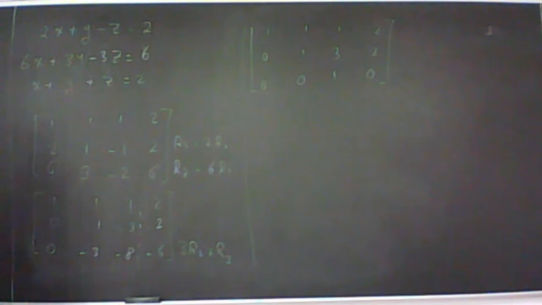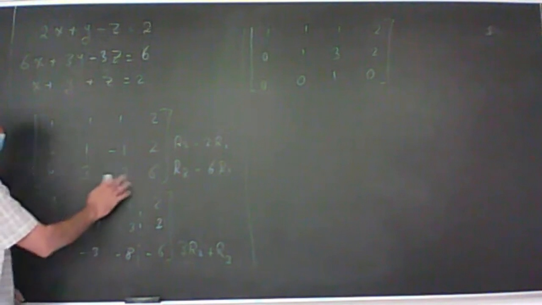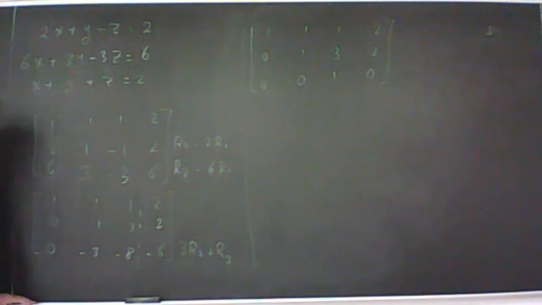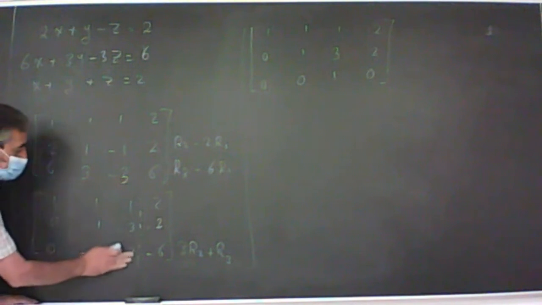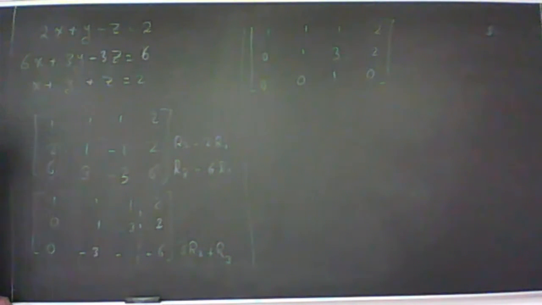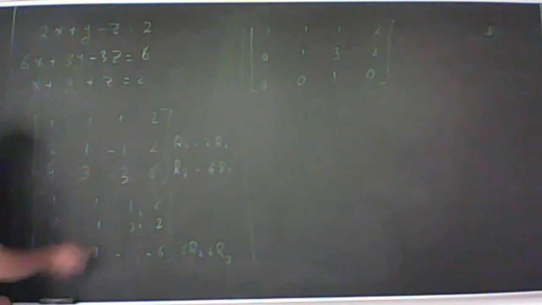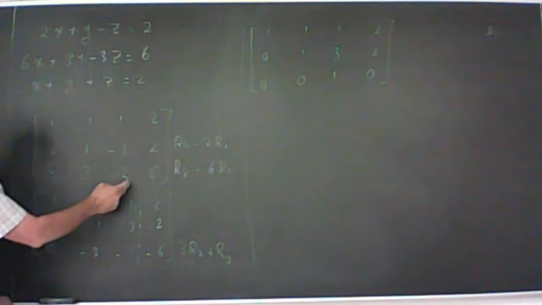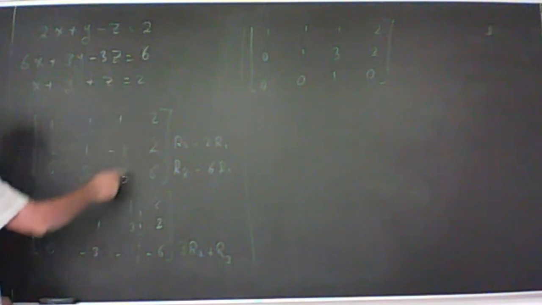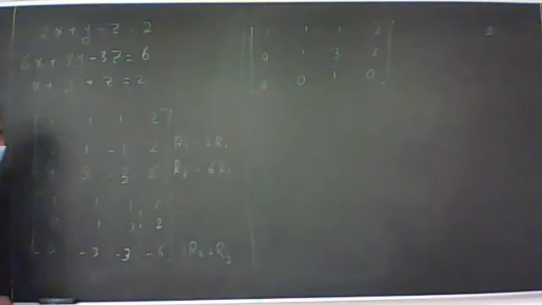What happens if I put a 3 here? So let's see where that equation is. Over here, minus 3, yes? Let's follow this. And then what do we end up with? In here, we have a minus 3 or minus 6. That's going to give me minus 3.